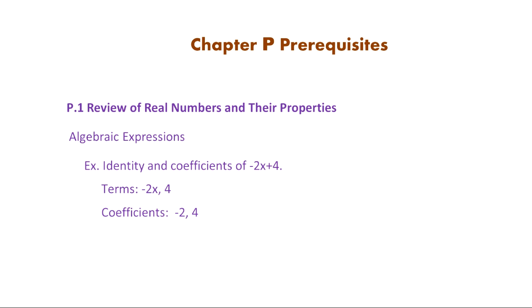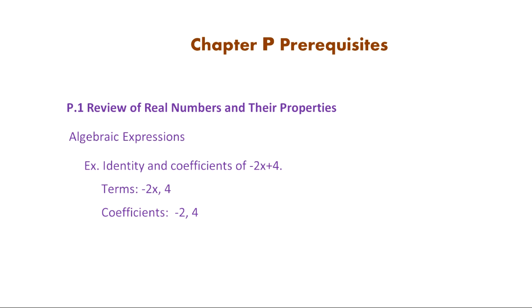So these are some terminology. The term means how many parts you have to add or subtract. So we got two parts, negative 2x and 4, so we call them terms. There are two terms in this expression. And the coefficients are the numbers.